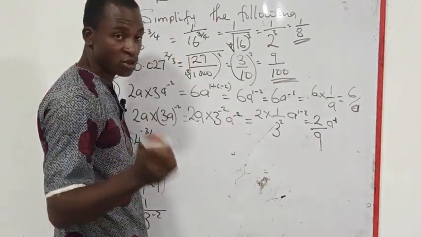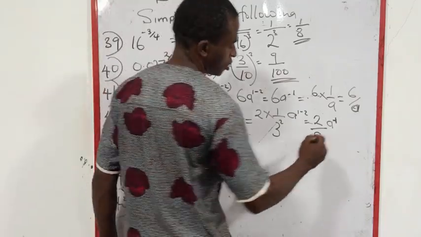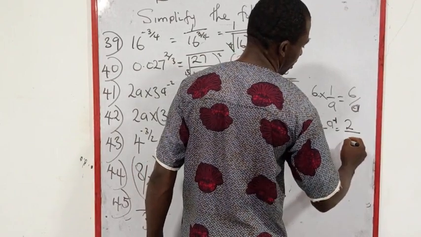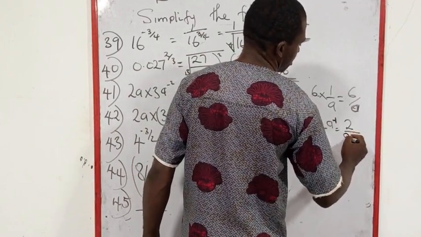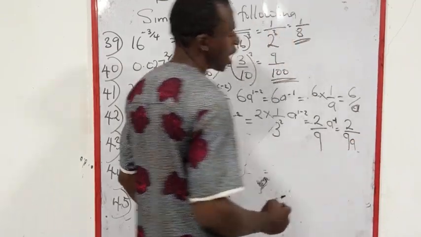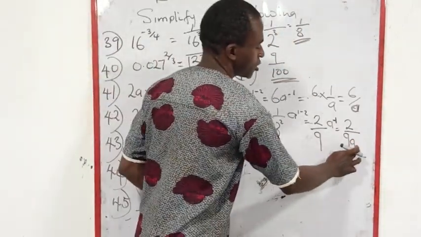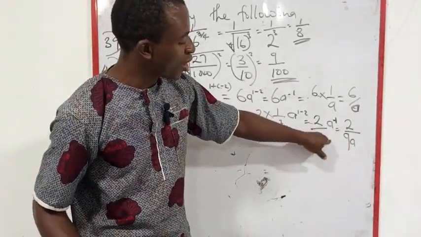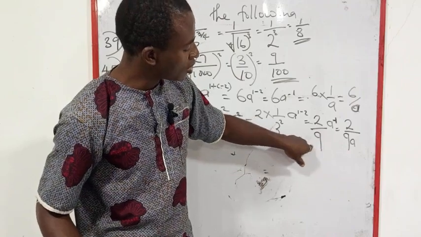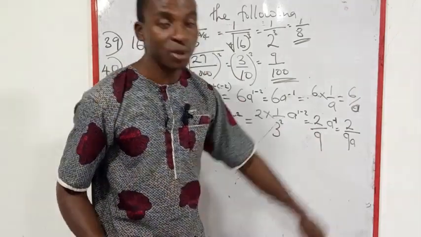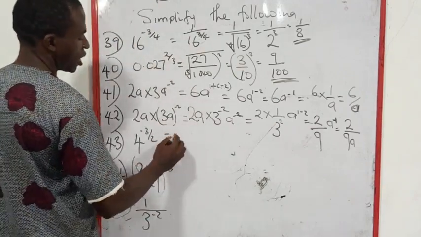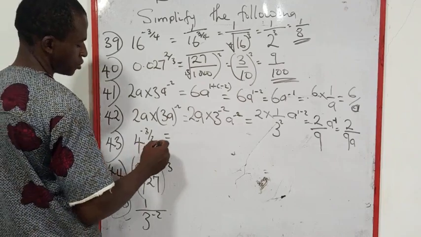Minus 1. Check my algebra video if you still have issues. Then what this one means is simply 2 over 9a. How did I know that it's 9a? Don't forget that by our fourth law of indices, this one will now be 1 over a. So a times 9 will give us 9a. Don't forget that.